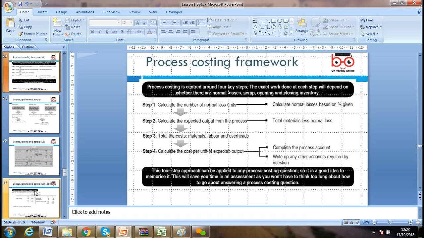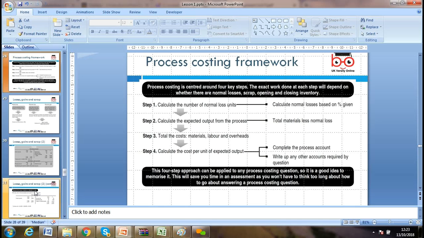Okay, so next is the process costing framework, which is costing from one process to another process. You always look at each process as a separate cost, then move to the second process and the third process. In each process you can find how much is the loss. A normal loss we say is 5% waste. If it's more than 5%, you may treat it as an abnormal loss.